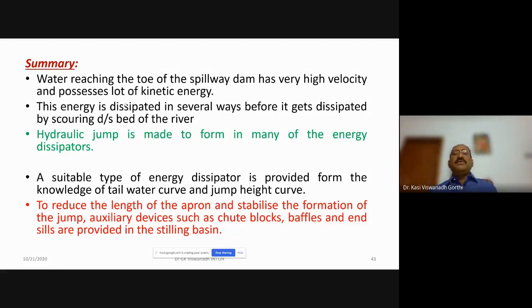So we have seen about the hydraulic jump formation and the stilling basin, and the auxiliary devices which are provided at different locations of the stilling basin so as to dissipate the energy successfully, not causing any harm either to the dam or to the downstream of the spillway portion.